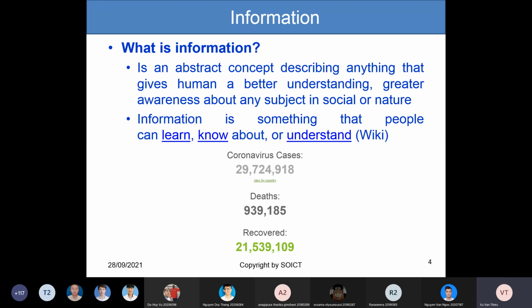So this is information. Okay, so in summary, information is an abstract concept that describes anything that gives us a better understanding, a greater awareness, or something new about any subject in social or nature. If something is old, so everybody knows it, understands it, it is not information.